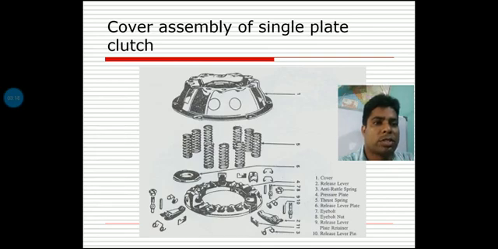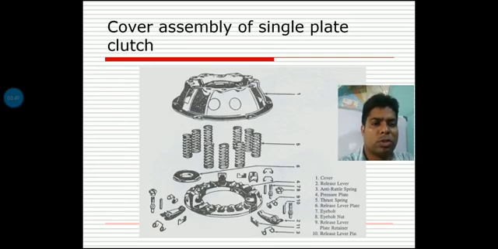Now the next point, number four, is the pressure plate. Plate means all the plates used in the design of the single plate clutch. The plates are under pressure, and that pressure may be uniform or non-uniform.